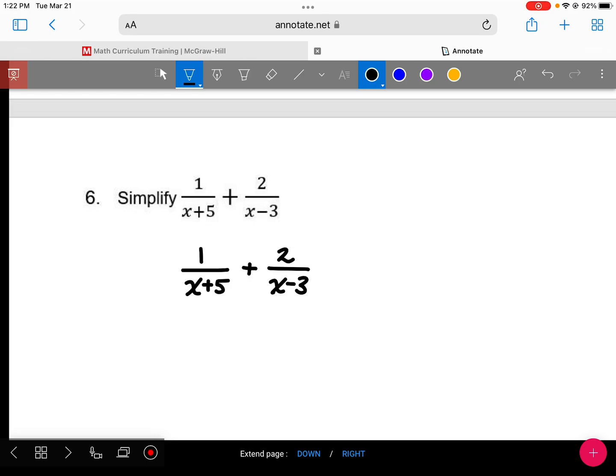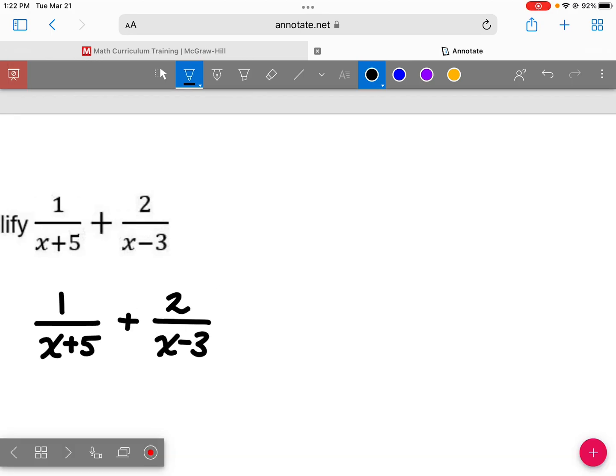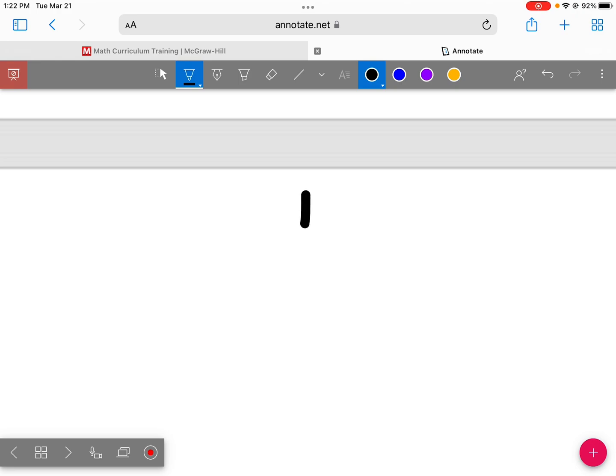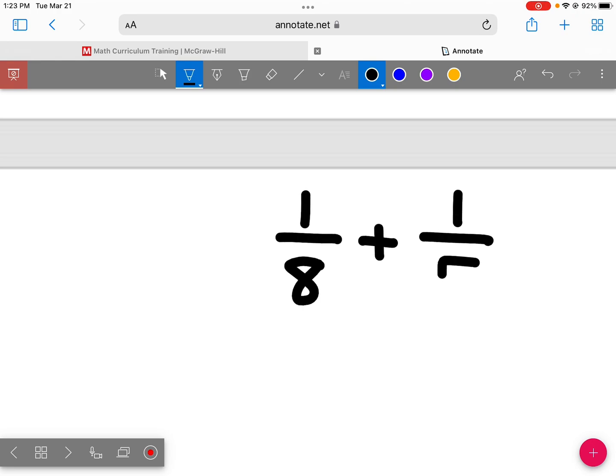No. If they have no factors in common, that's like if I'm adding 1/8 plus 1/5. Nothing that goes into 8 goes into 5. Nothing that goes into 5 goes into 8. How would I give that a common denominator? What would I do on a problem like this to give it a common denominator?